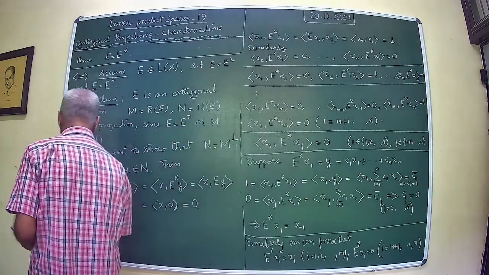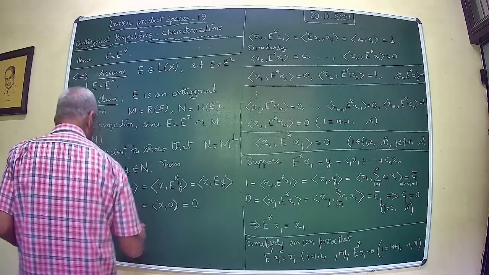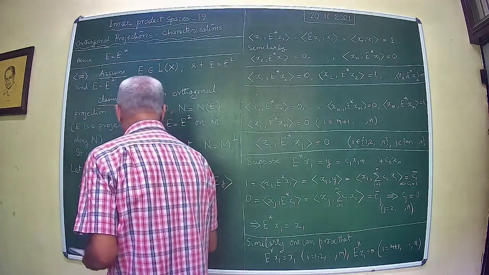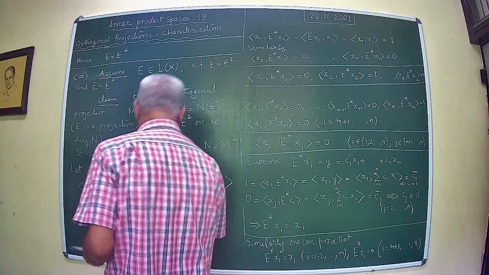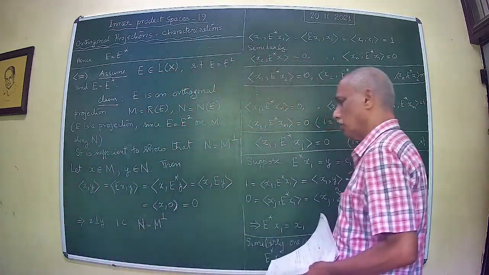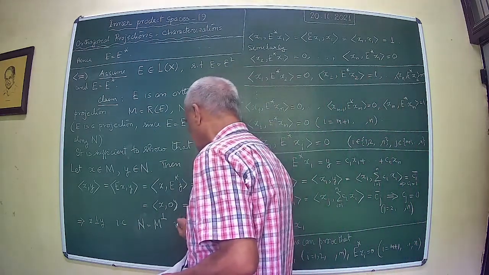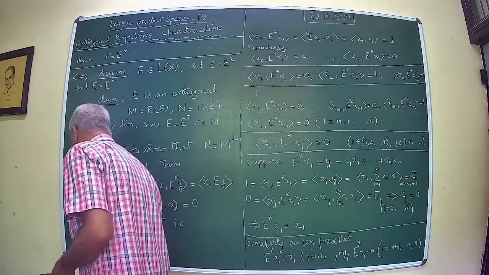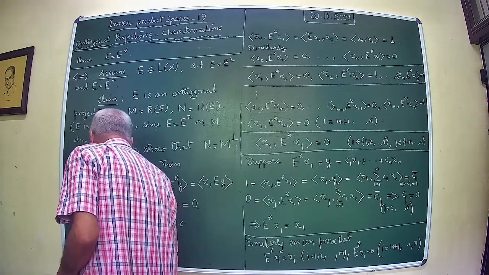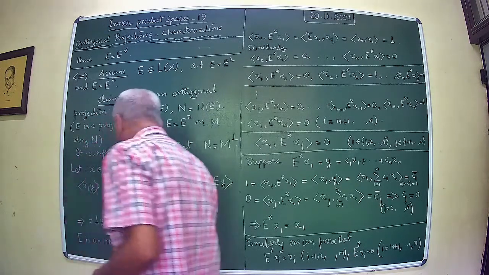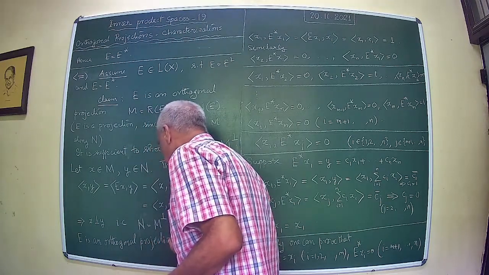Therefore, that is N, so what we have is that E is an orthogonal projection.